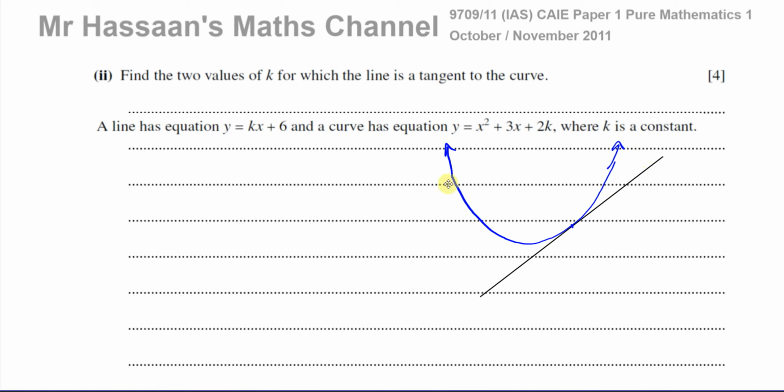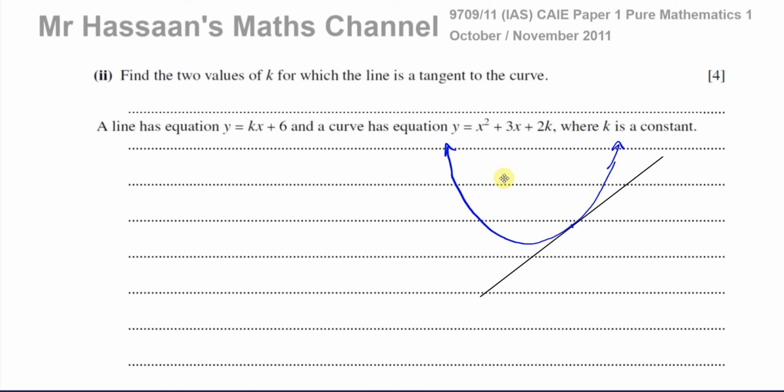So if I try to solve simultaneously the equation where this is equal to that, where I substitute this into that equation, and I know that the line is a tangent to the curve, then that equation should only have one real solution.